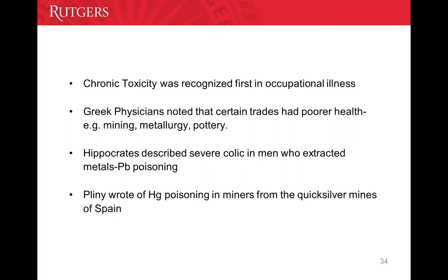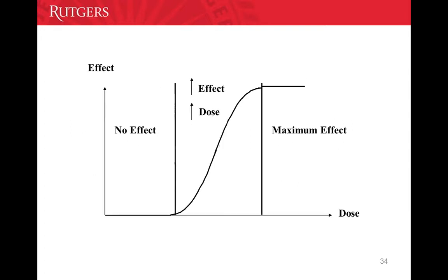Hippocrates described severe colic in people who extracted metals, and what Hippocrates was really describing, of course, was lead poisoning. Pliny the Elder wrote about mercury poisoning in miners from quicksilver mines in Spain. So the occupational physicians, looking at people with really difficult, hard jobs many, many years ago, were the first people to describe the phenomenon of chronic toxicity, but as it related to occupational illness.